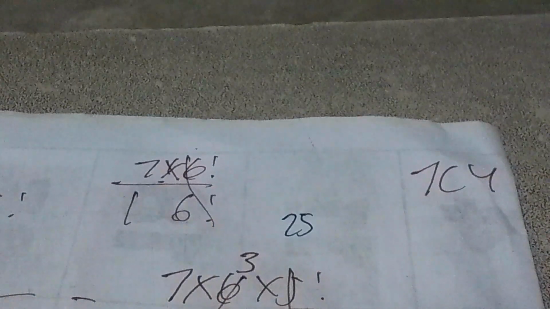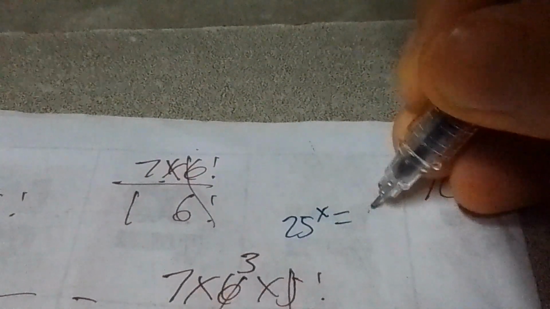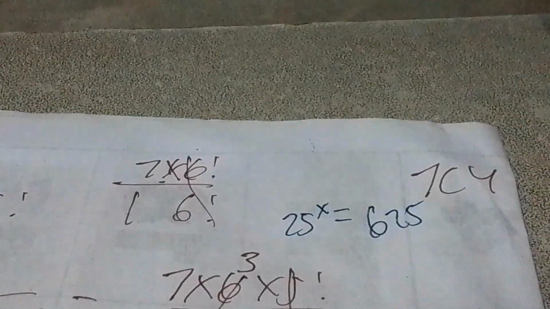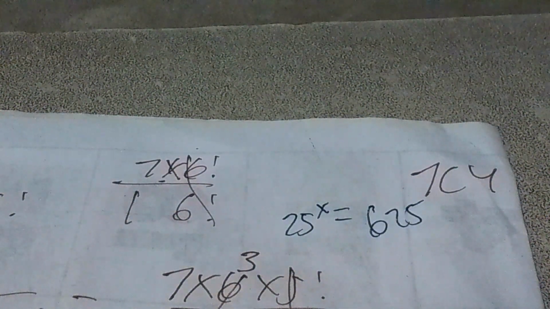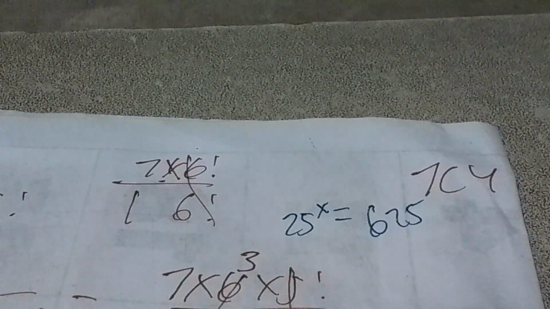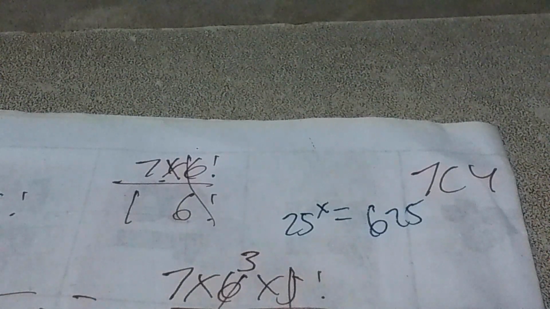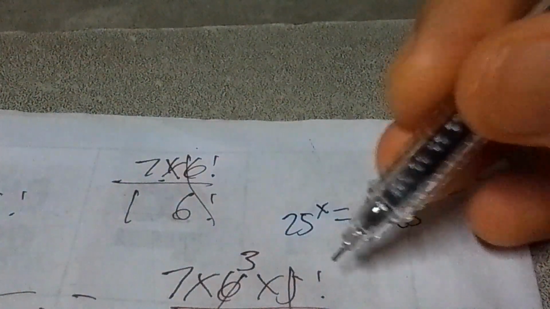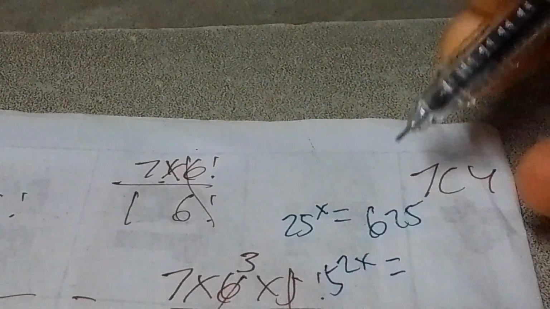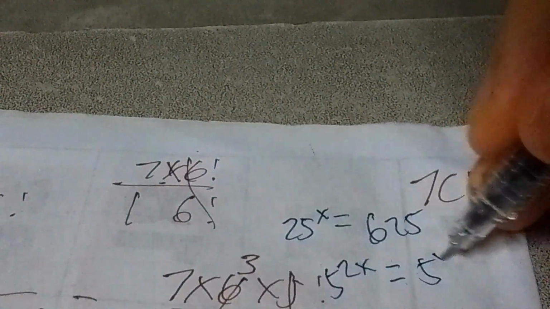So therefore, what you have na lang is 25^x equals 625. We know that if we shrink the base, we can find a common base. We know that 25 is 5 squared, so 25^x becomes 5 raised to 2x, and 625 is 5 raised to the 4th power.